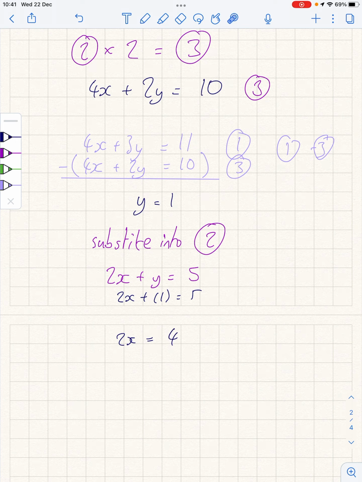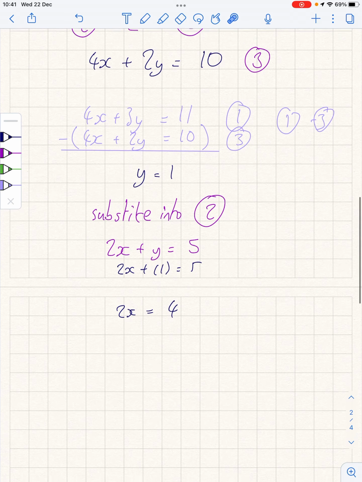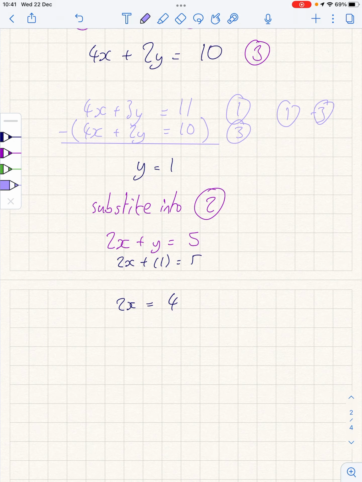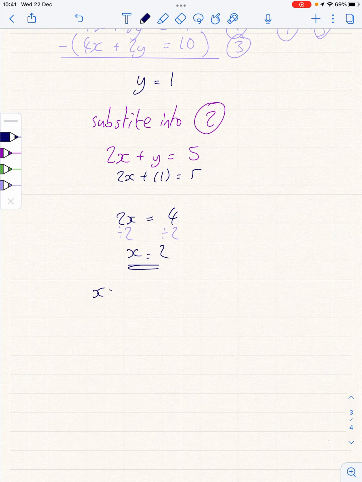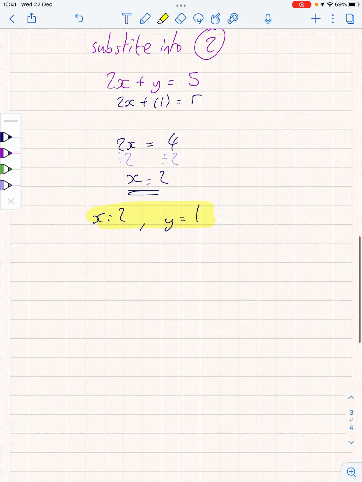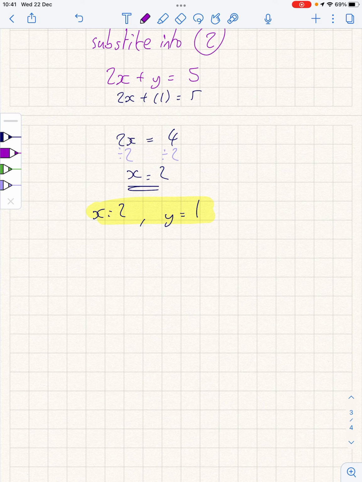What I've done is I've subtracted 1 from both sides. So 2x equals 4, and then I can divide both sides by 2. So x is equal to 2. So x equals 2, y equals 1. And it's always a good idea to highlight your answer.